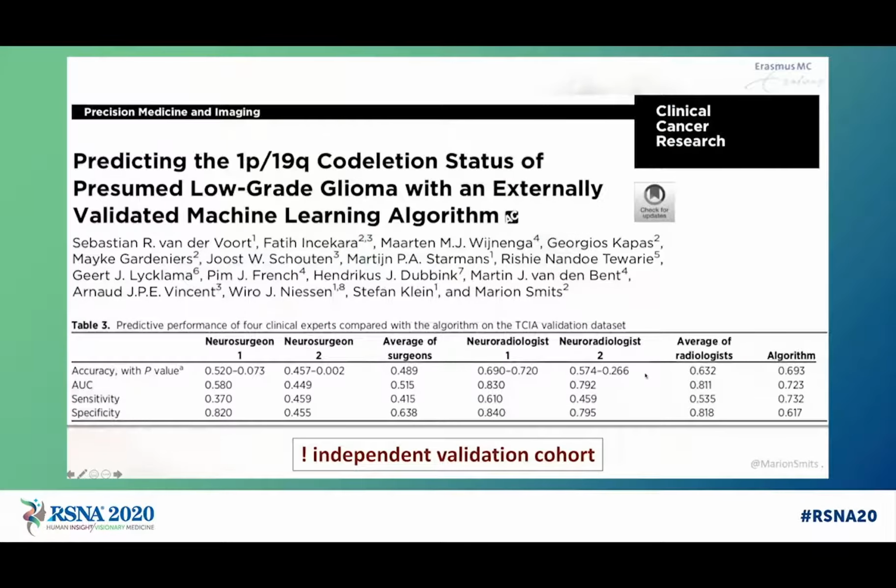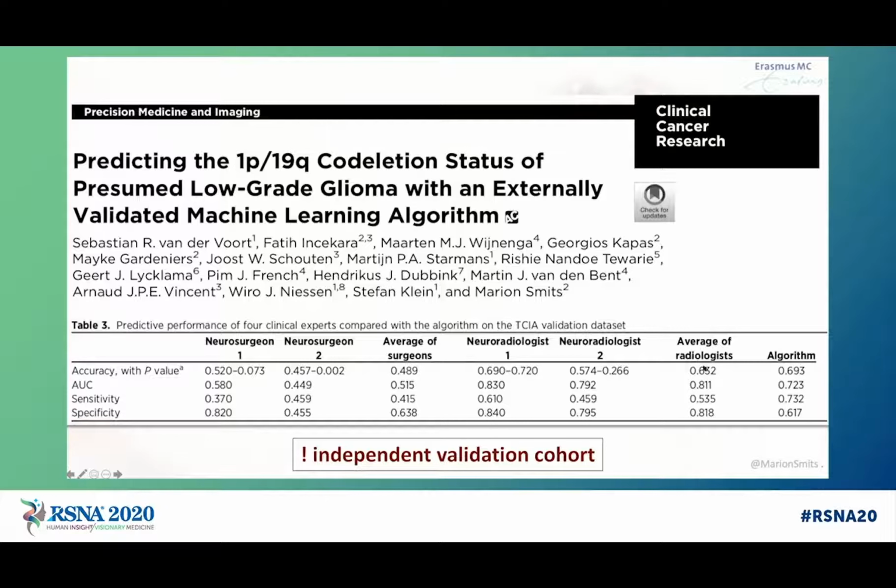So there are many, many studies out there now, some better than others, where this is being attempted. And this is just an example from our own work where we predicted 1p19q codeletion status using only T1 and T2 weighted imaging with an accuracy that was very similar to the accuracy that radiologists reached.